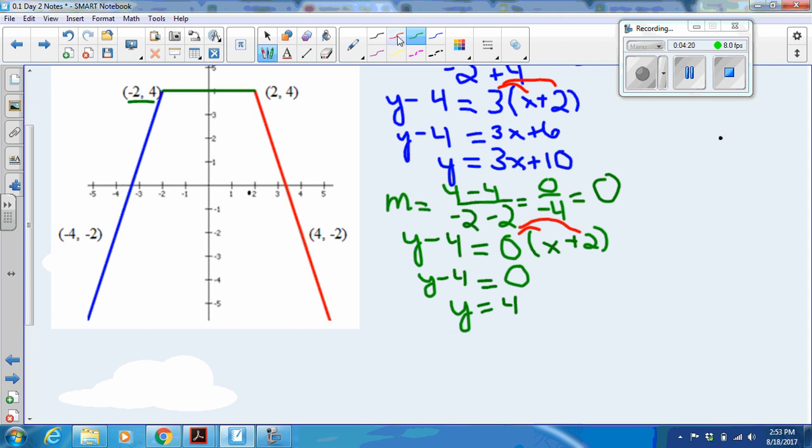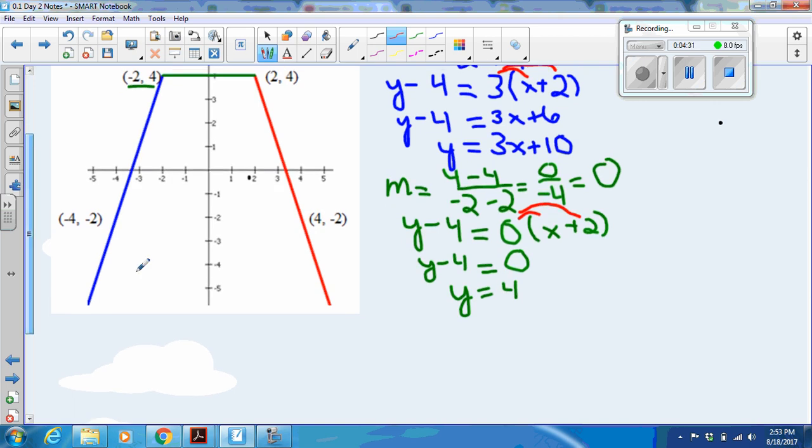Now, lastly, we need to figure out the equation of the red line. Here we do have to figure out the slope and then plug it into the point slope formula to find the equation. There's no shortcuts here. So now let's find the slope. I'm going to put it over here. So we have m equals, with 2 comma 4 as one of our points, and 4 comma negative 2.